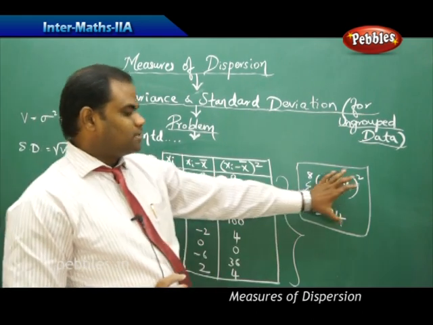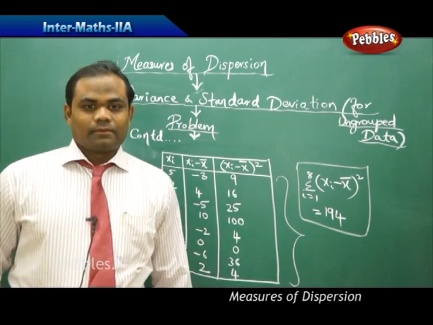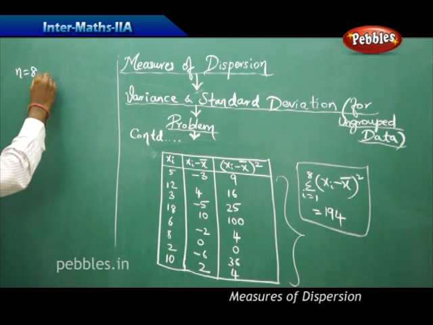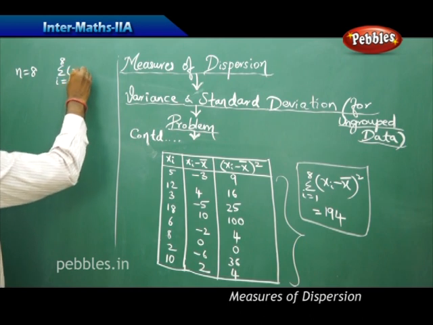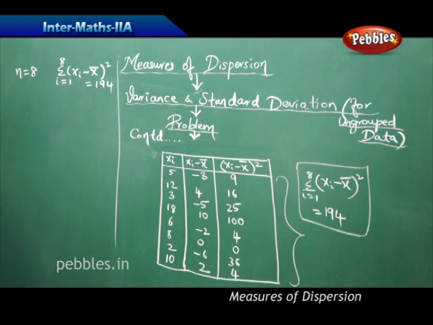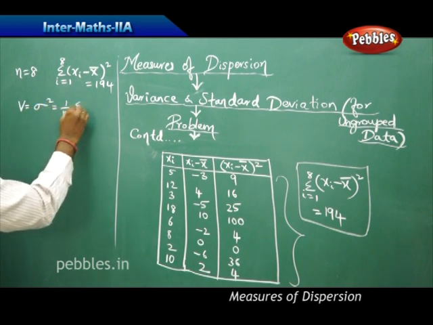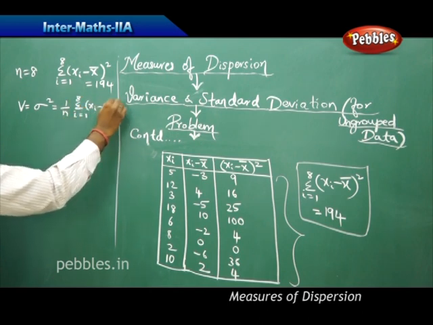So I use this in substituting in the formula so that I get the answer. So with the values as obtained, let's find with n equal to 8 and summation i running from 1 to 8 of xi minus x bar whole square is 194. I substitute in the variance formula, which says variance is sigma square, that is 1 by n sigma i running from 1 to 8 of xi minus x bar whole square.